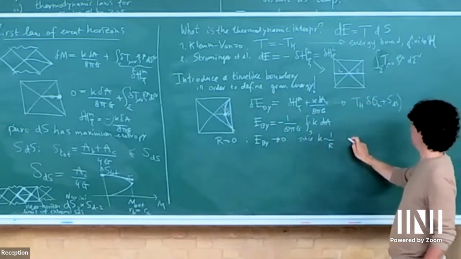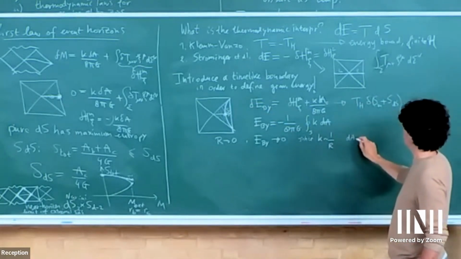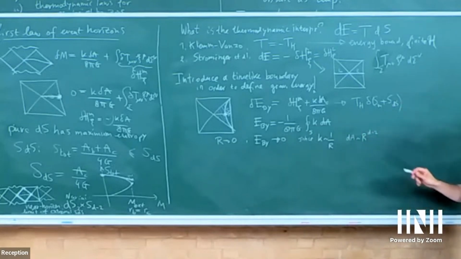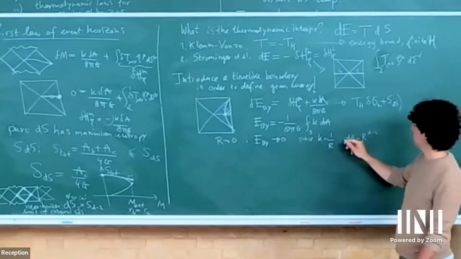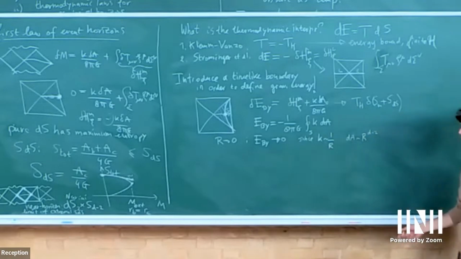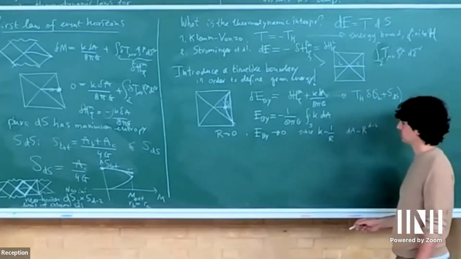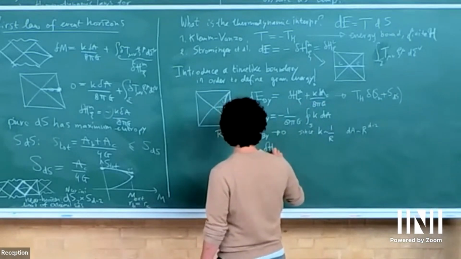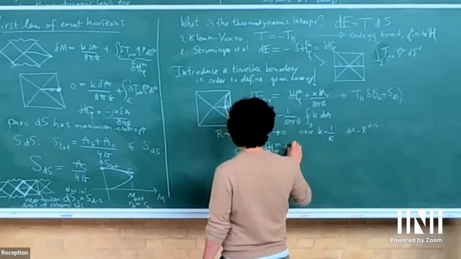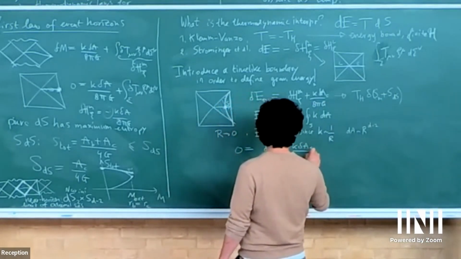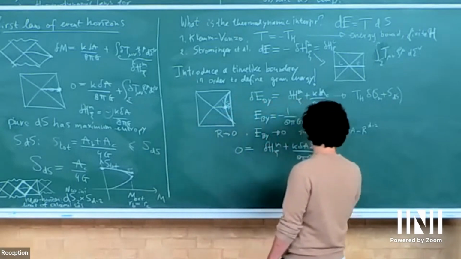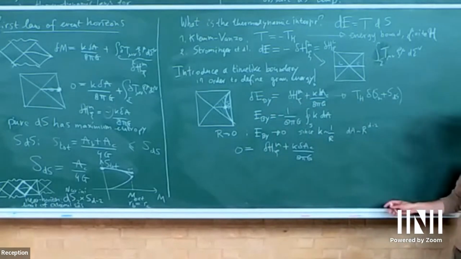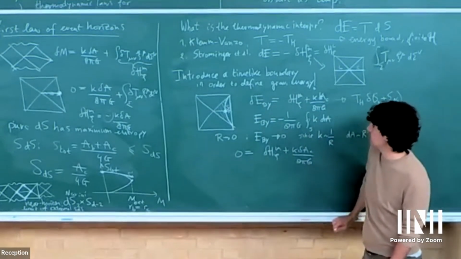And dA goes like r to the d-2. So this goes to 0 faster than this goes up. So it goes to 0. So in that case, you recover this previous first law.